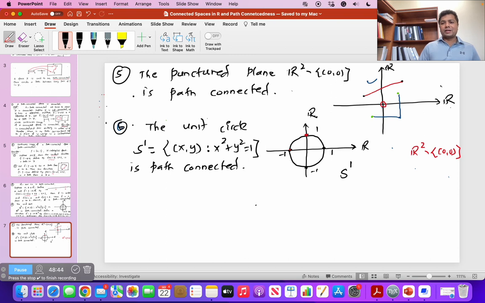And we have seen that R2 minus (0, 0), this punctured R2 plane, is path connected.